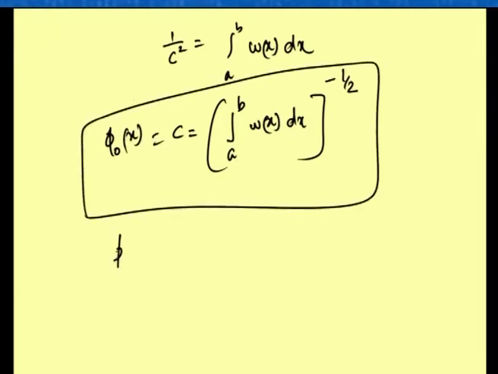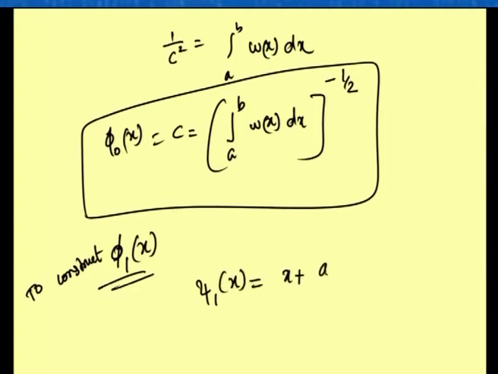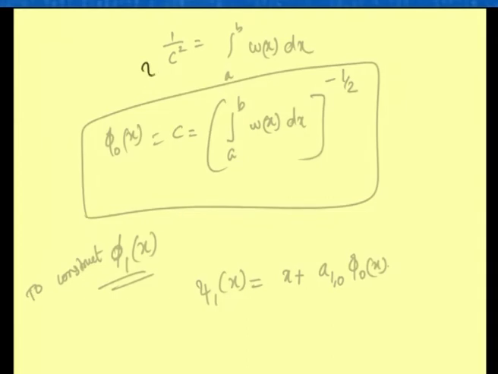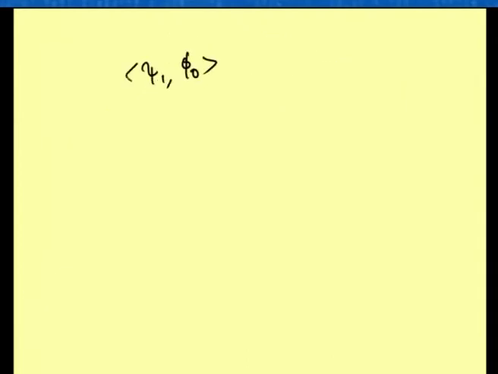Okay. Next you construct phi 1 of x. To construct phi 1 of x, begin with psi 1 of x. Psi 1 of x is equal to x plus a 1 comma 0 phi naught of x. Then psi 1 comma phi naught inner product is equal to 0, because psi 1 has phi 1 and phi 1 comma phi naught is 0 according to the Gram-Schmidt statement, isn't it?